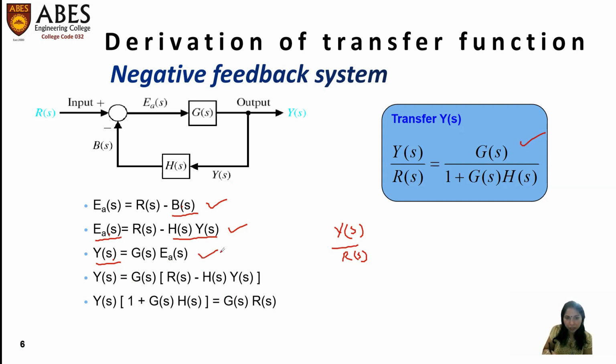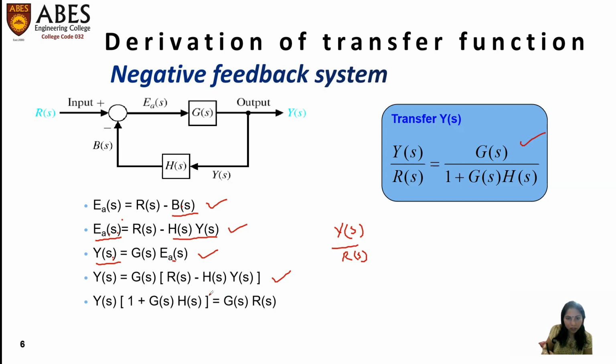From the third equation, we can say E_a(s) is nothing but Y(s) upon G(s). So in the second equation, in place of E_a(s), I will write Y(s) upon G(s). So we will get this fourth equation, that is Y(s) upon G(s) is equal to R(s) minus H(s) into Y(s).